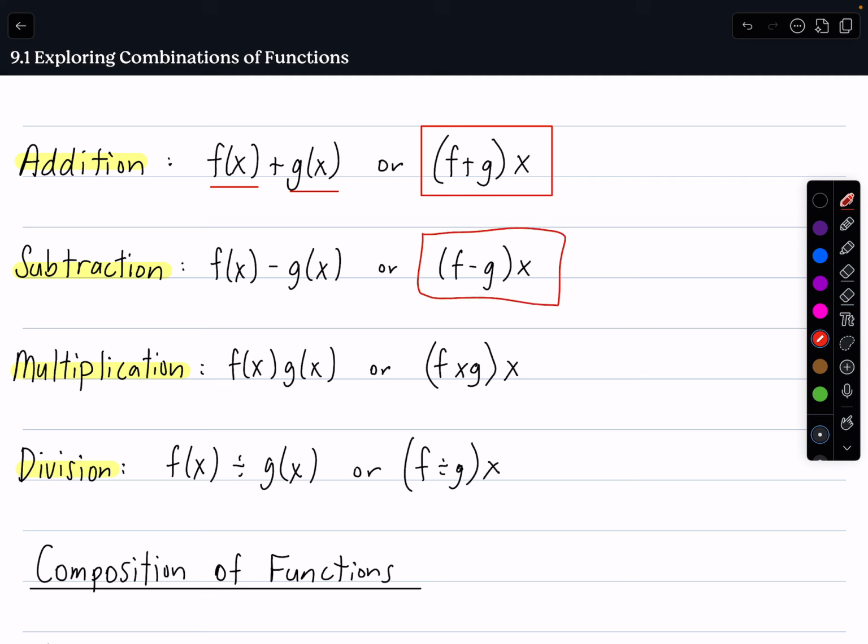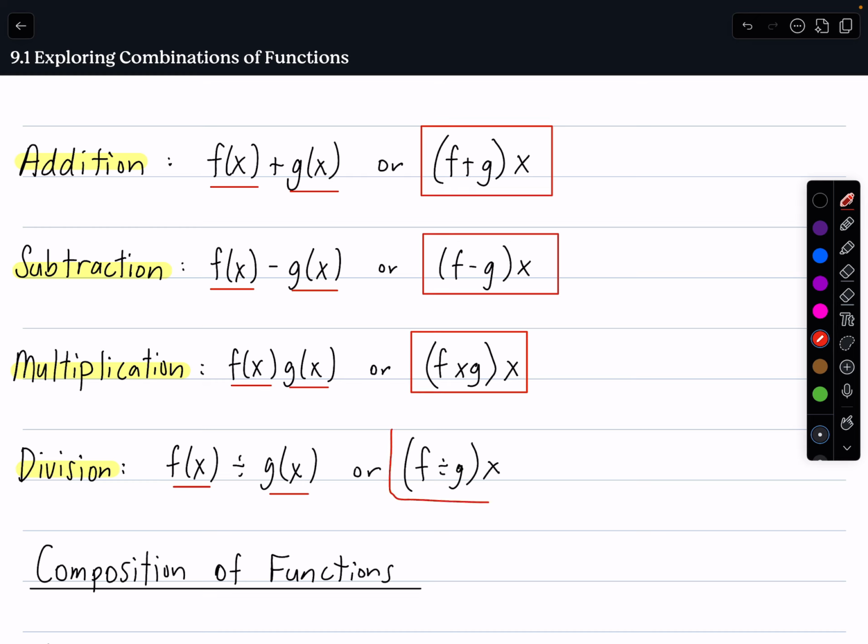You'll have f minus g at x, and that's the same thing as saying f at x minus g at x. For multiplication, you have the same thing over here. It's just two functions being multiplied by each other. And for division, we got two functions being divided by each other, hence why it will look like this in the notation or this in the notation.